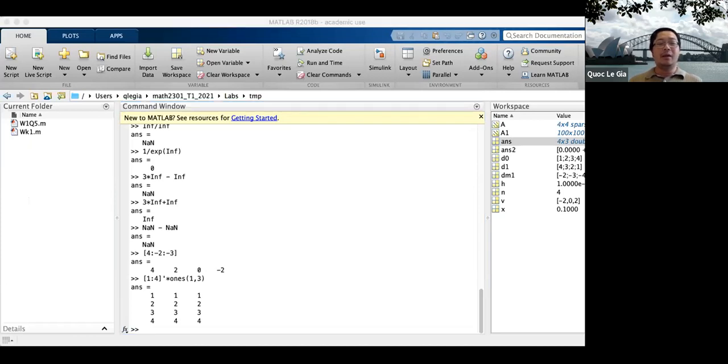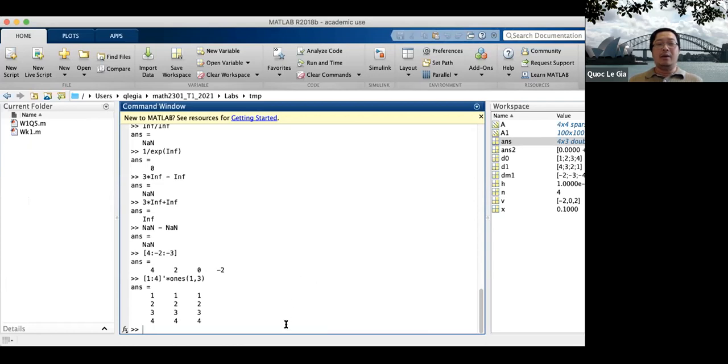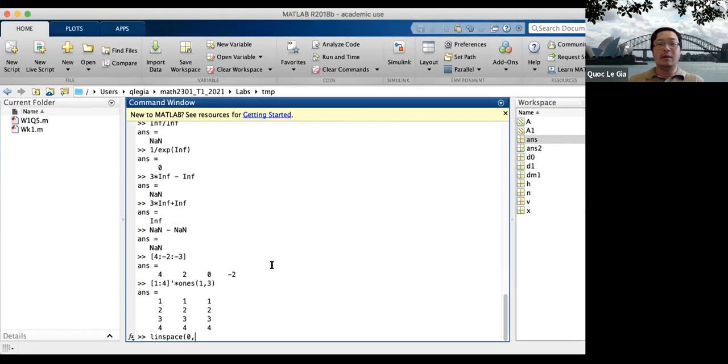Linspace. Okay, so the command linspace, say here 0, 10, will generate 5 points evenly spaced from 0 to 10. And what does it mean?